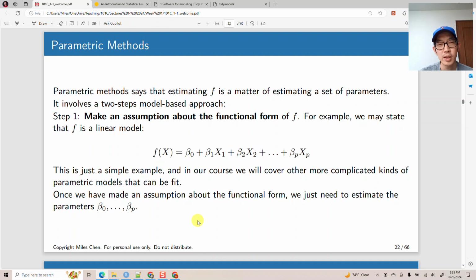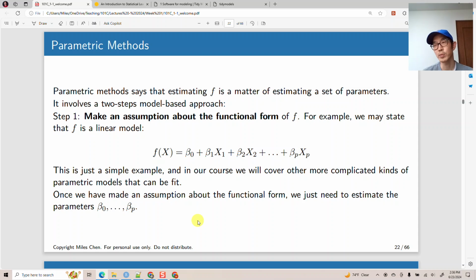Parametric methods say that estimating that function f is a matter of estimating a set of parameters. There are two parts to parametric methods. One is we make an assumption about the functional form of f.